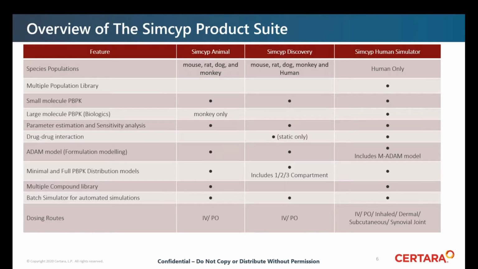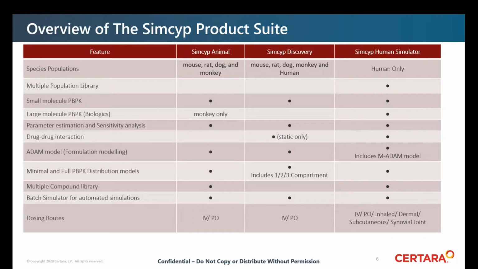So to give a little bit of an overview of our product suite, currently we have 3 currently marketed Simcyp applications. We have the Simcyp Animal, the Simcyp Human Simulator, and then Simcyp Discovery is our latest release, which came out last year around this time, and combines some features from both Simcyp Animal and Simcyp Human Simulator.